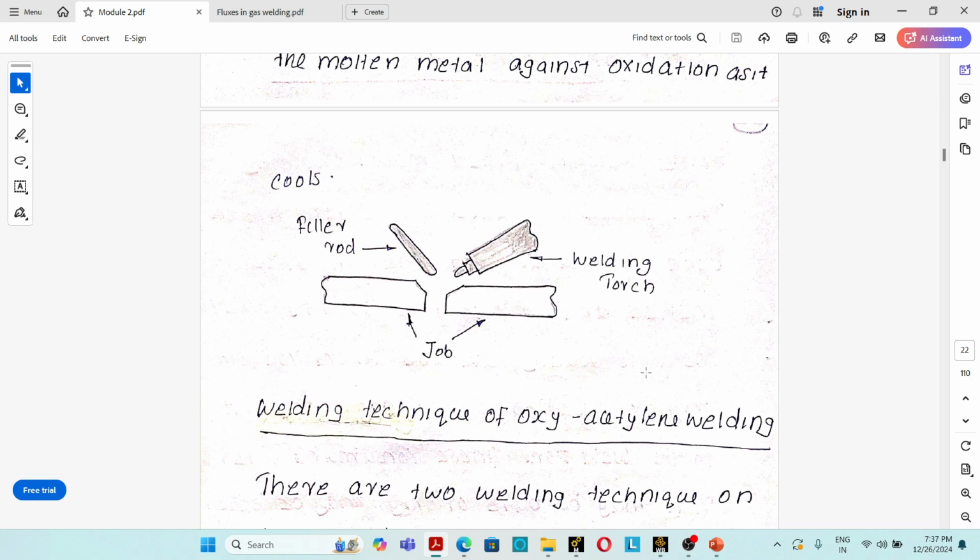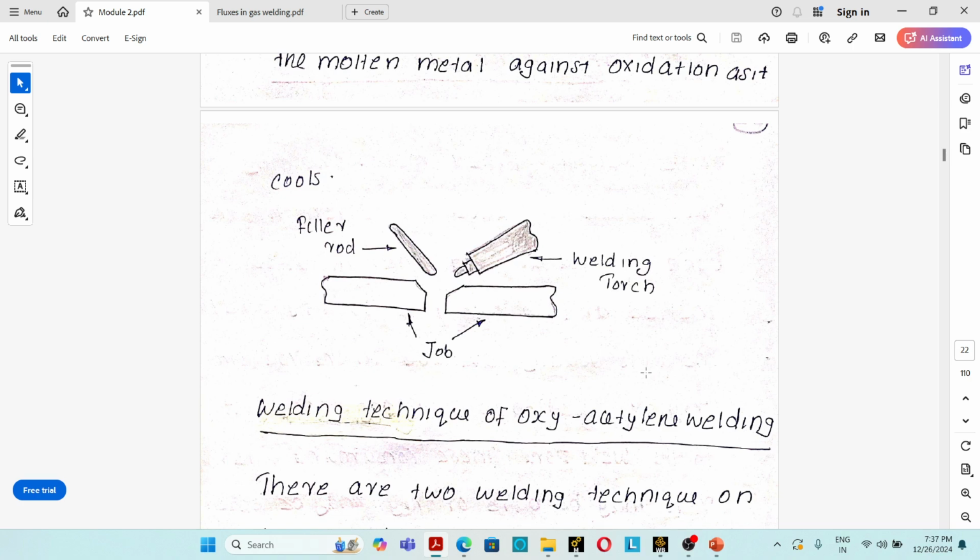Coated filler material has a chemical coating over the filler material. During the welding process, it will undergo a chemical reaction due to the temperature of the welding process, producing a flux and also producing a shielding gas.